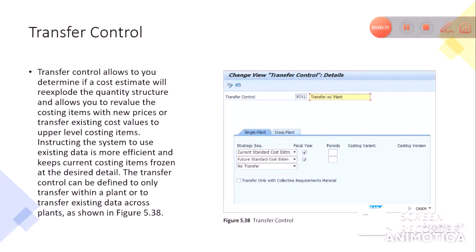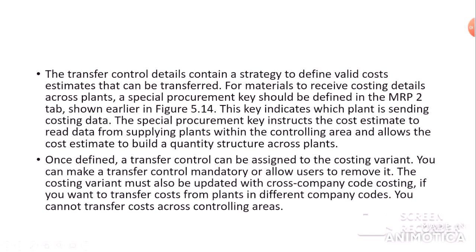It can be defined to only transfer within a plant or to transfer existing data across plants. The transfer control details contain a strategy to define valid cost estimates that can be transferred.